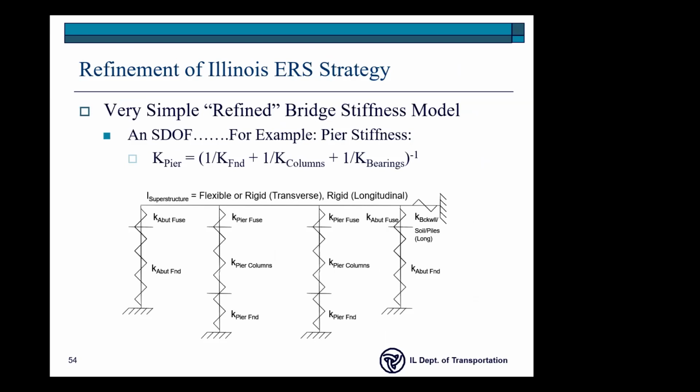Those can be designed for seismic loads with very simple methods, and they are 90 to 95% of all bridges in the United States.